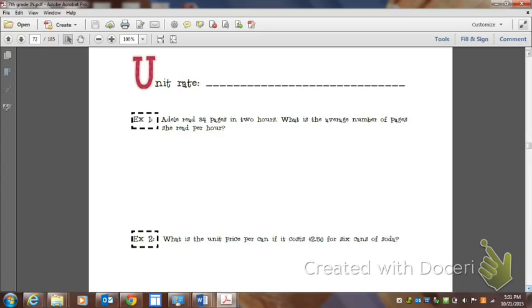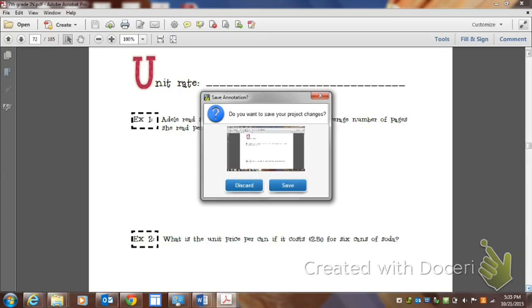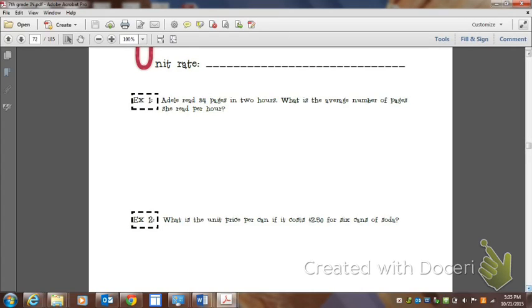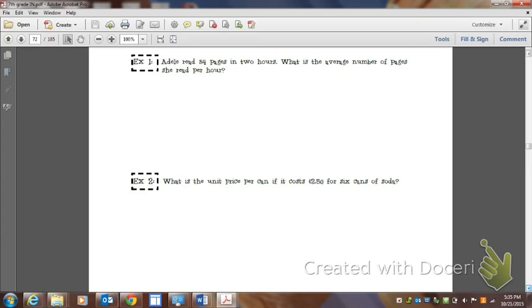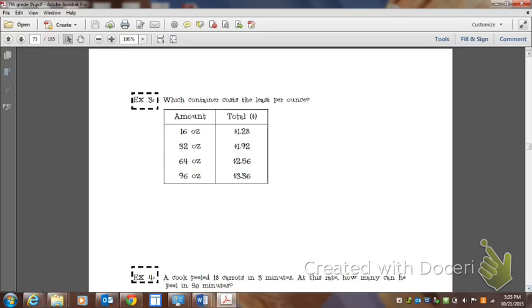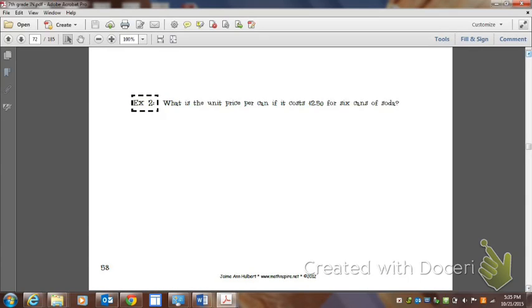All right, example problem number 2. It reads, what is the unit price per can if it costs $2.50 for 6 cans? So first, I'm going to go and find my ratio, and it is asking for the price per can.